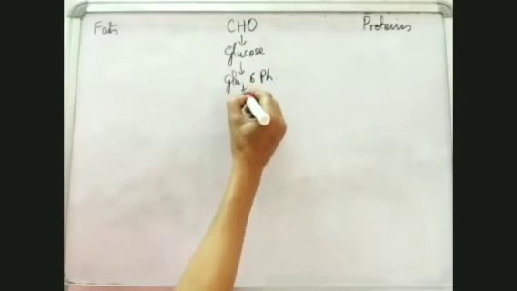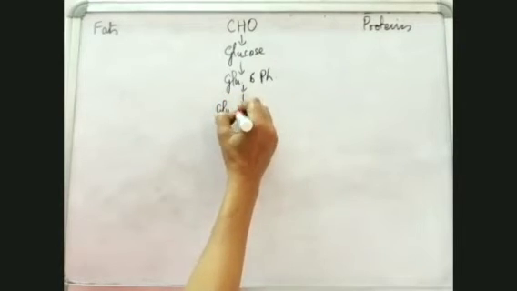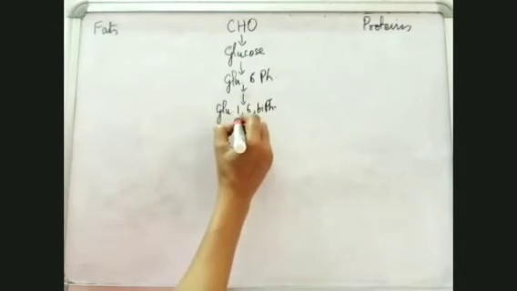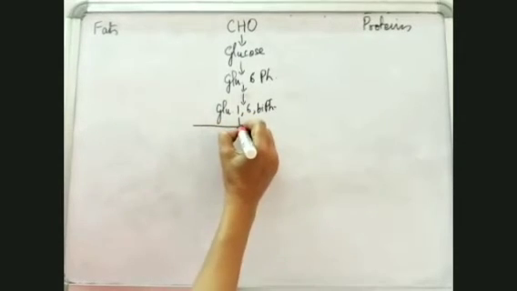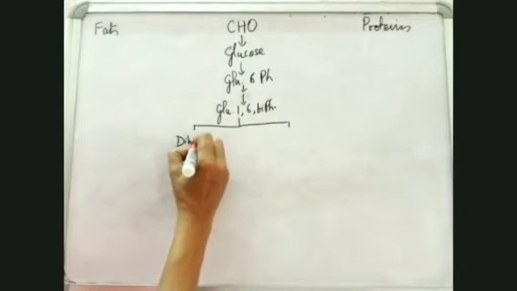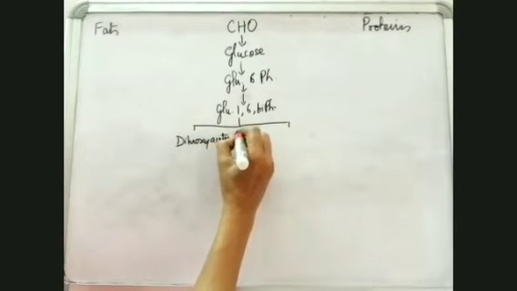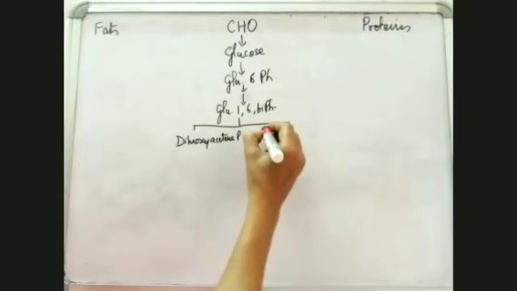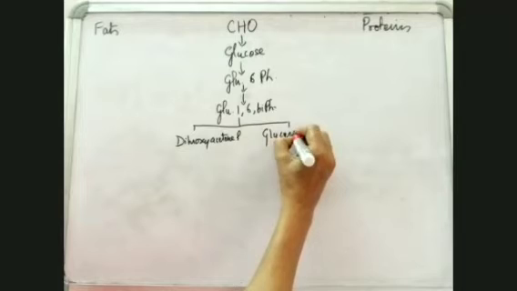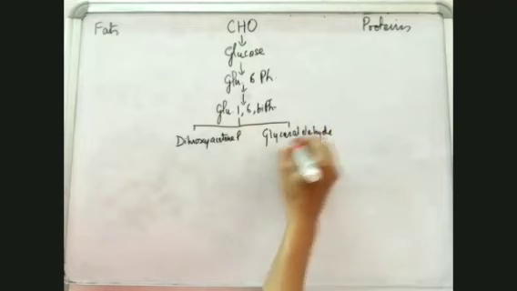This fructose 1,6 biphosphate is formed, and it undergoes splitting, and as a result it forms two compounds: dihydroxyacetone phosphate and glyceraldehyde 3-phosphate.